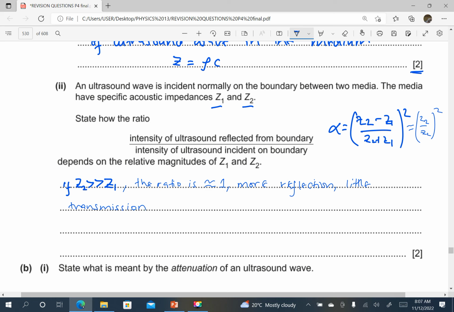It means more ultrasound is reflected at the boundary, and there is very little transmission across the boundary. That is condition number one.